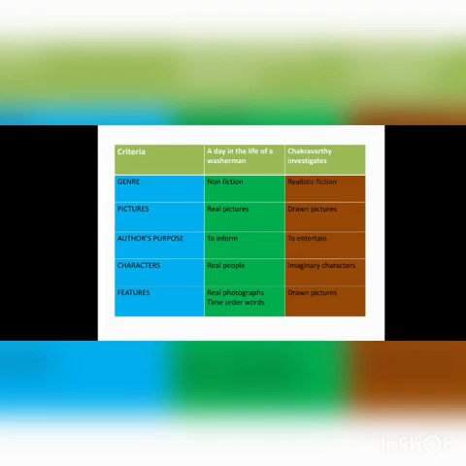Whereas in Chakravarti Investigates, we find that the pictures are not real. They are drawn pictures by another person. So this was the comparison between the two lessons, and I hope you have understood.